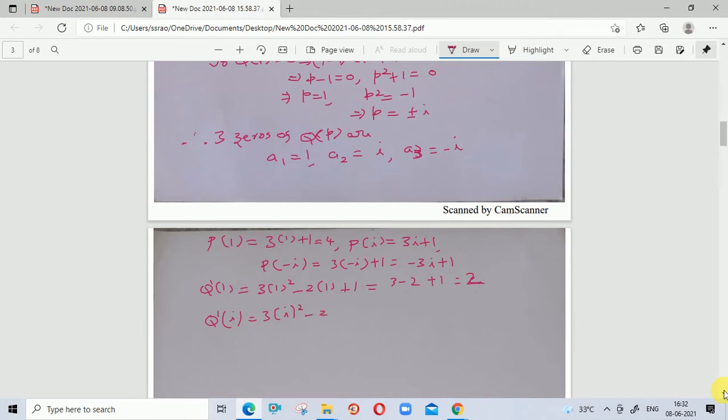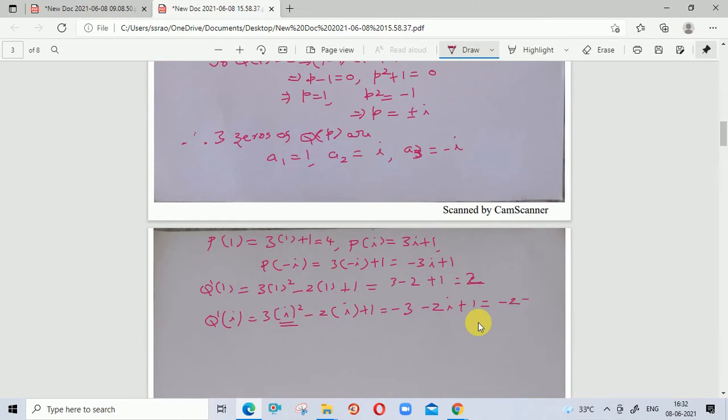So i square is equal to minus 1, therefore it becomes minus 3. This is minus 2i plus 1. So that is equal to minus 3 plus 1. Here minus 3 plus 1 is minus 2, so minus 2 minus 2i. Okay, this is q dash of i.